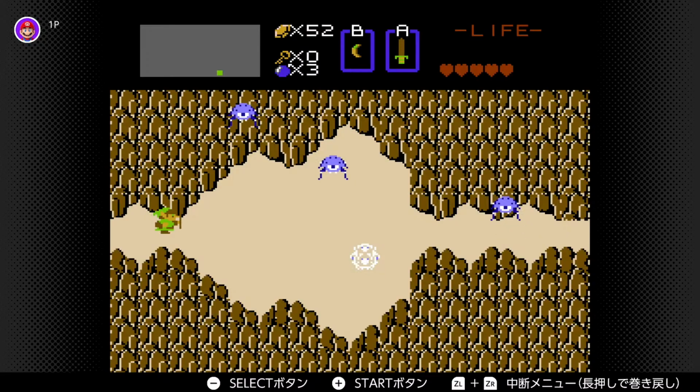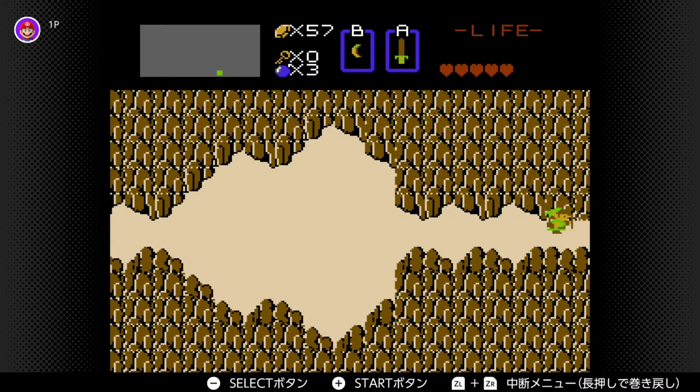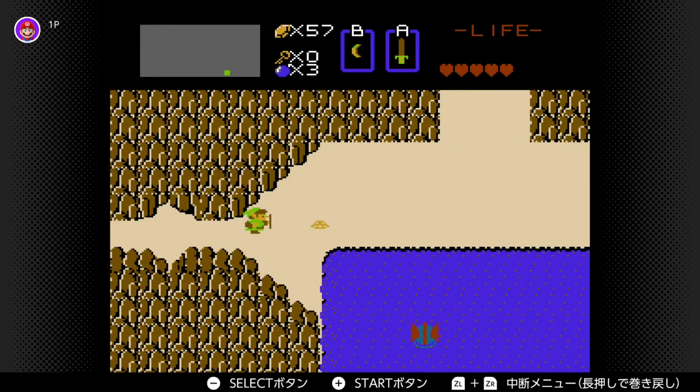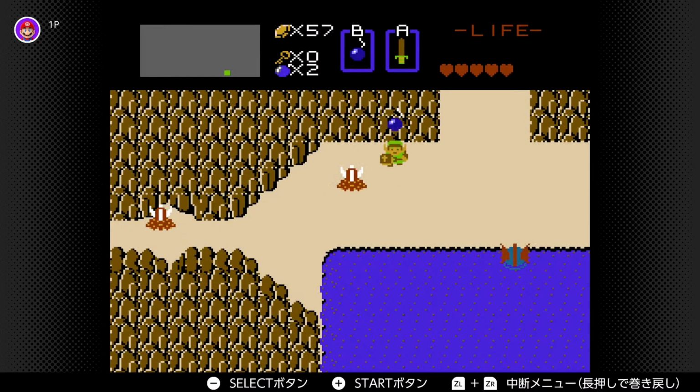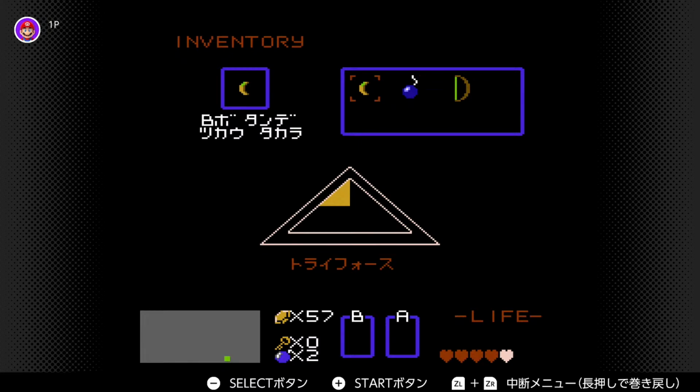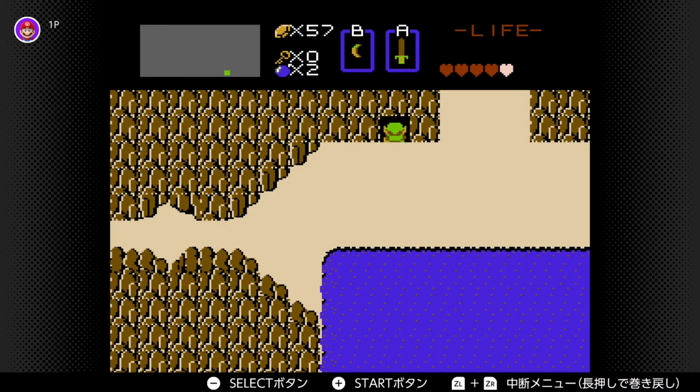Hearts that we don't need. Several tektites. I think there's a cave here. Let's try with one bomb. Yep. Let's move back to the boomerang.